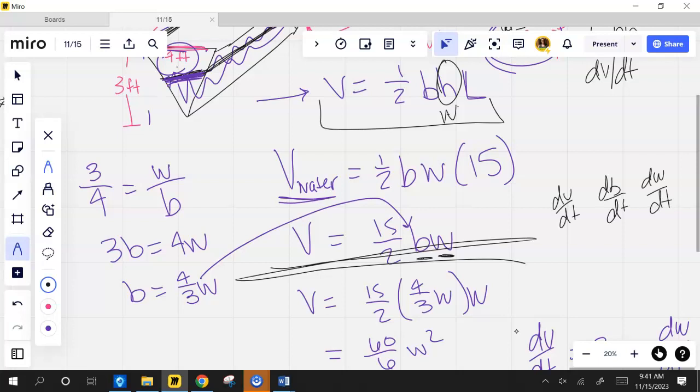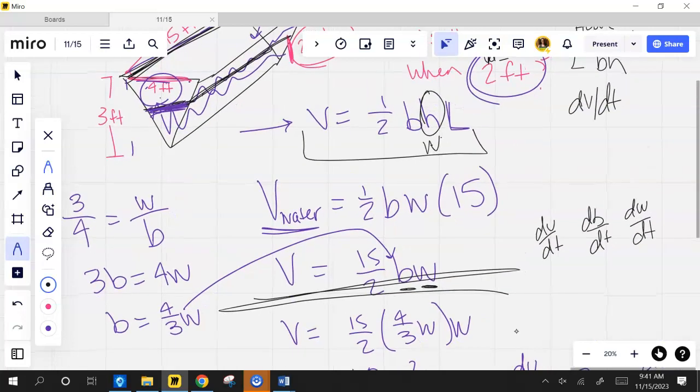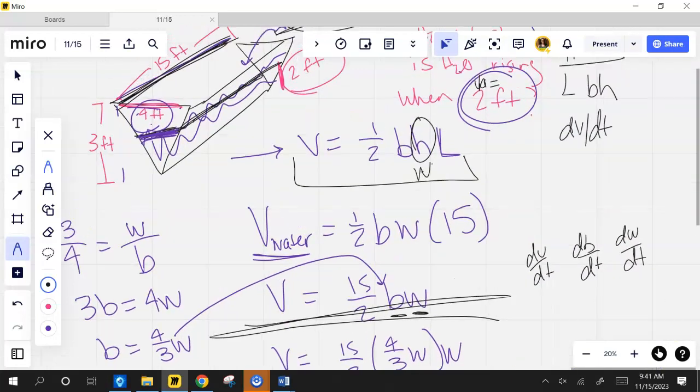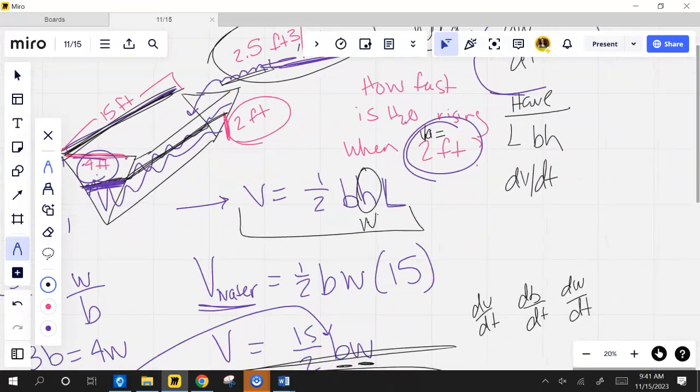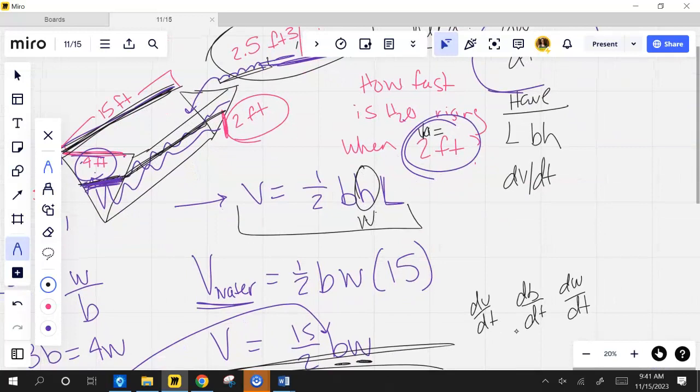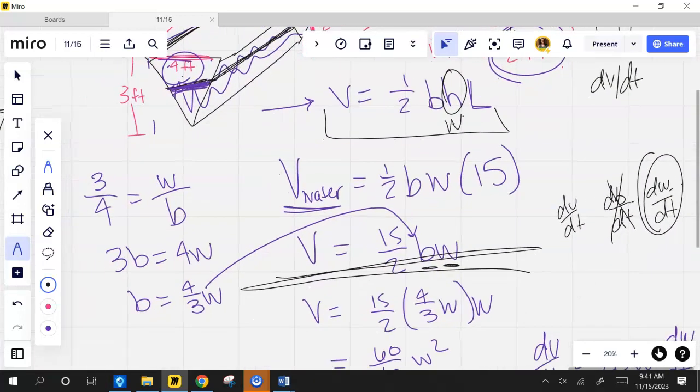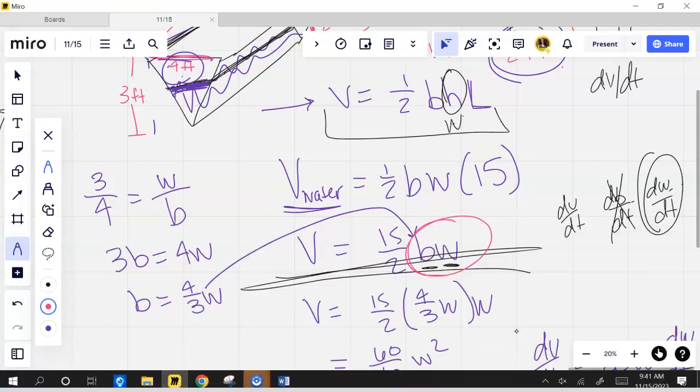It doesn't even matter what these are, I just know whenever I do it, I'm going to end up with those. And when I go back to plug in, I didn't have both of these. I had this one to plug in, but I didn't have that one. So I was going to be in a bit of a pickle. What I had to do was figure out how to relate B and W to each other.